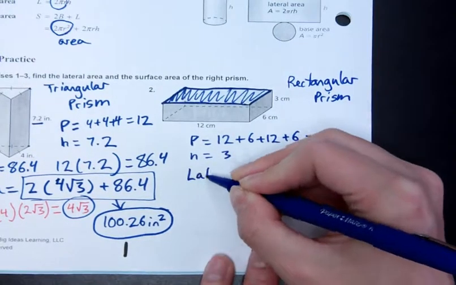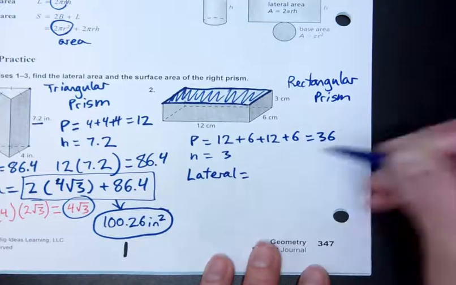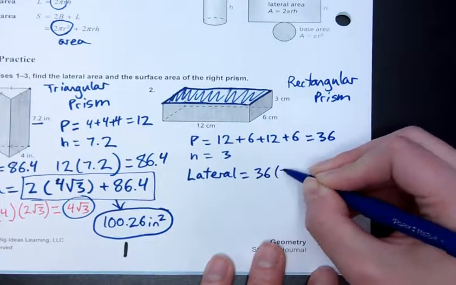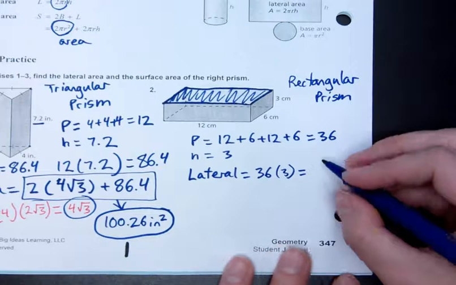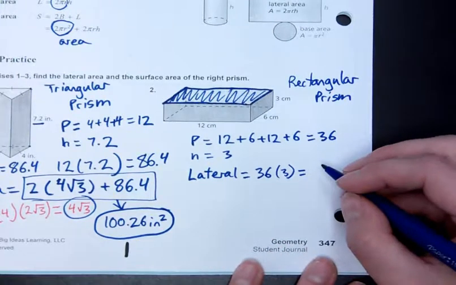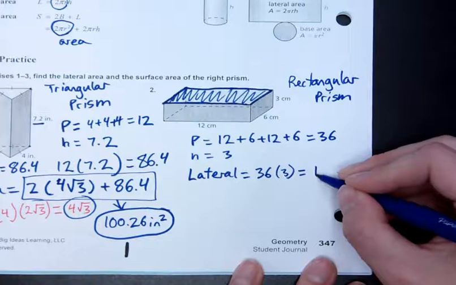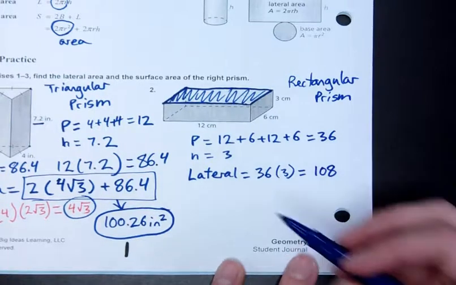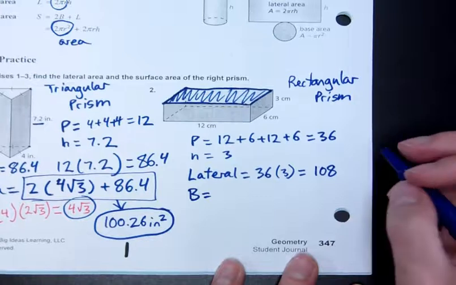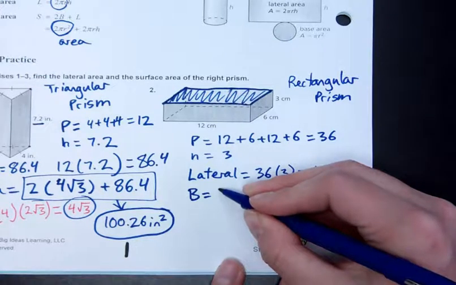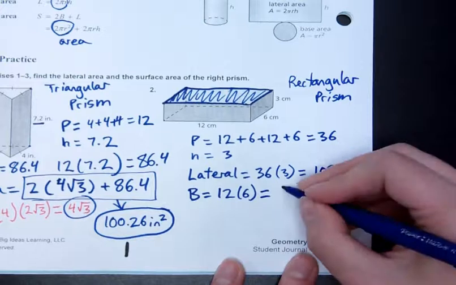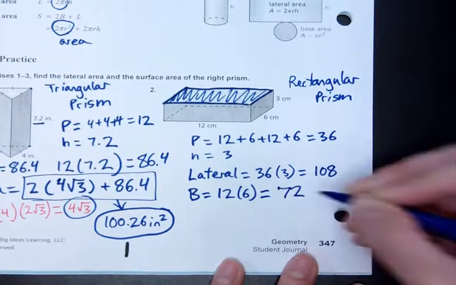So our lateral area is 36 times 3, which is what? 108. And then what's the area of the base? 12 times 6, 72.